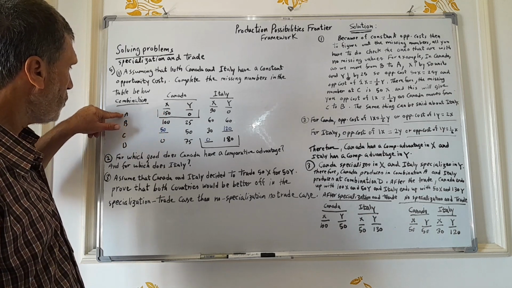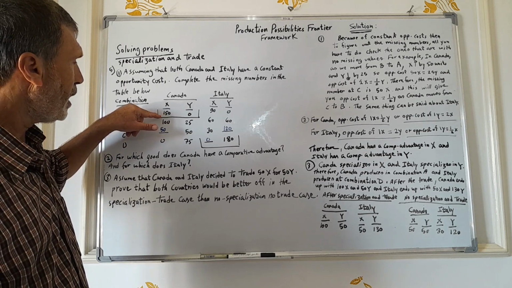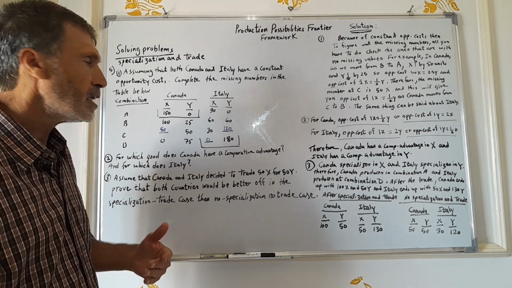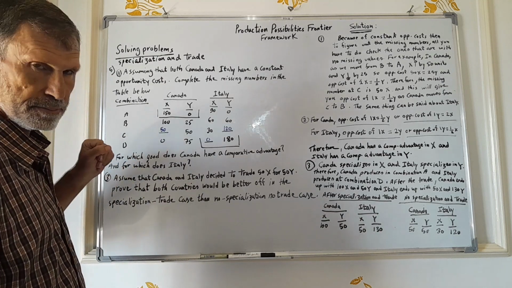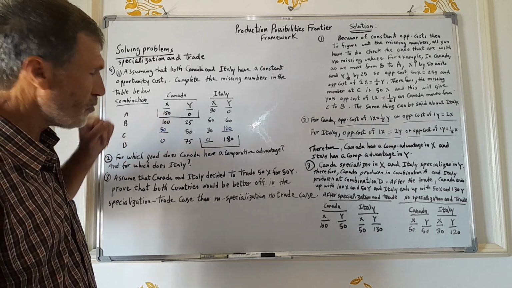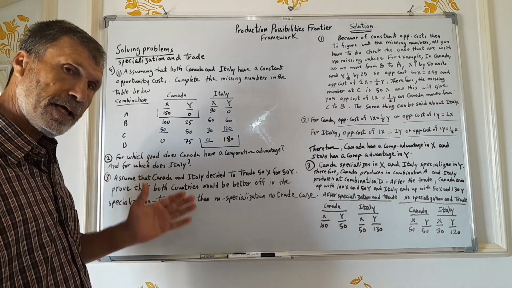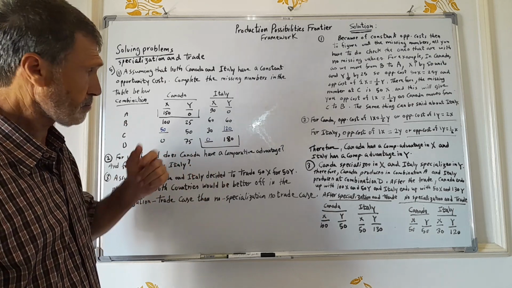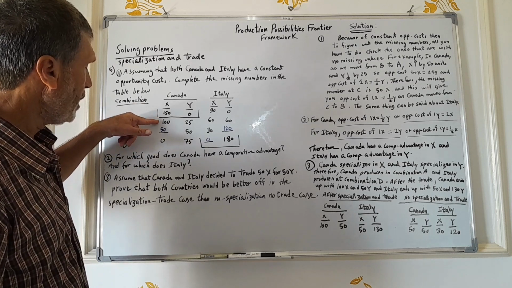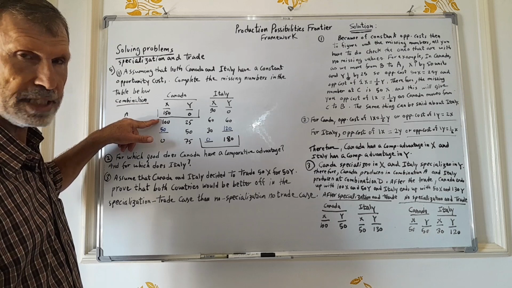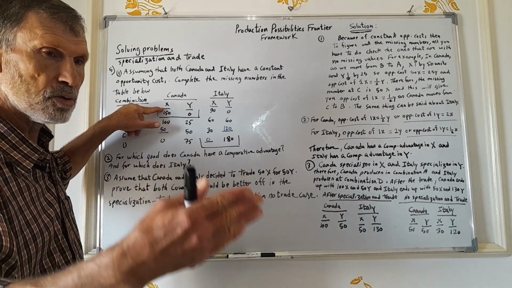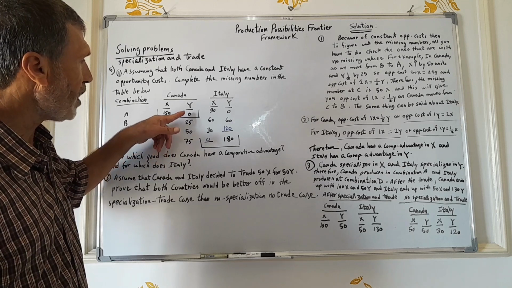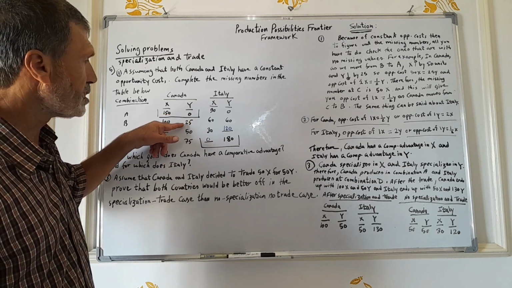So, moving from B to A, Canada will gain an additional 50 units of X. Now, those 50 new units of X are attained at the expense of units not produced of Y. So, as you move from B to A, the amount of X produced increases from 100 to 150, that is, 50 new units of X. And then the amount of Y decreases from 25 to 0. So we lost 25 units of Y.